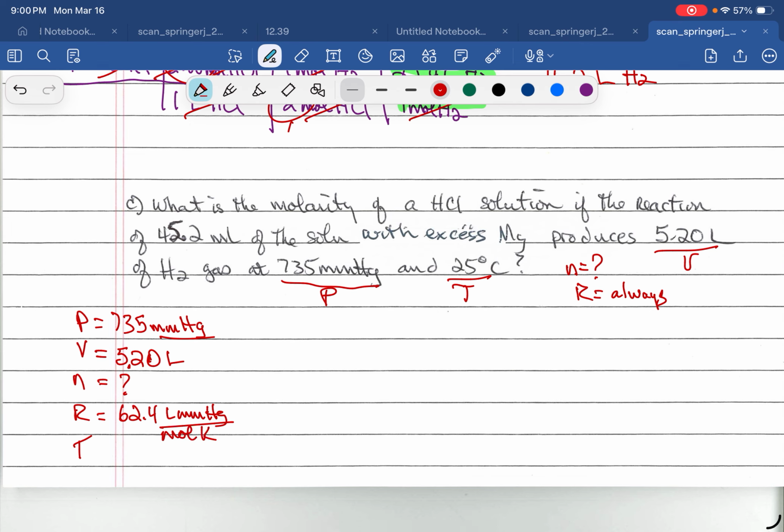Hopefully you still got your PV = nRT flip chart. And T is 25 degrees Celsius, which we have to turn to Kelvin. We get 298 Kelvin. So n is going to be PV over RT, which will be 735 millimeters of mercury.